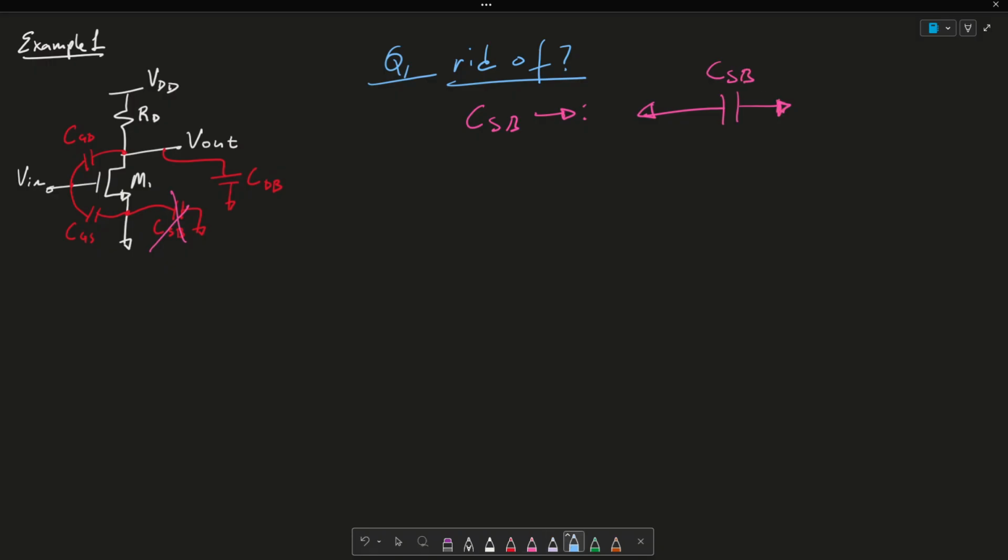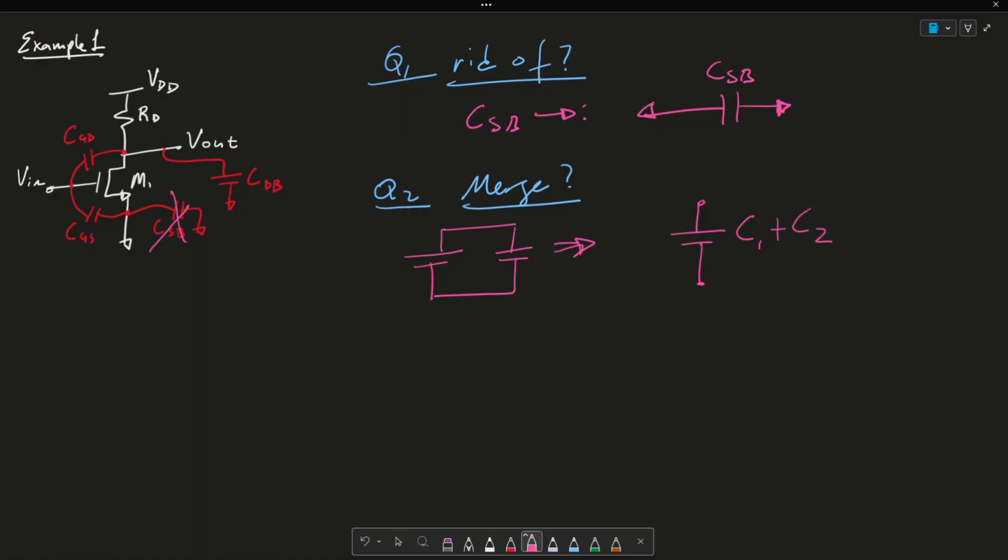The next question is, which capacitors can we merge? Remember, merging means that two capacitors that are in parallel can be merged by adding them up. I'll post a link to my capacitors in parallel video on the top right hand side of this video. Please feel free to check that out.